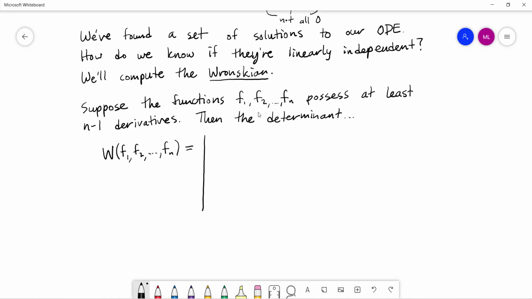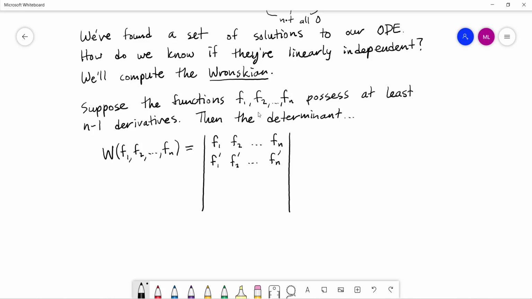Hopefully you've seen determinants. If you've taken Calc 3, or done the cross product in any class, you will have seen them. It looks like this: f1, f2, ... fn. It's basically a big matrix, but we're interested in the determinant of that matrix. Below this, we put the first derivatives: f1 prime, f2 prime, ... fn prime.